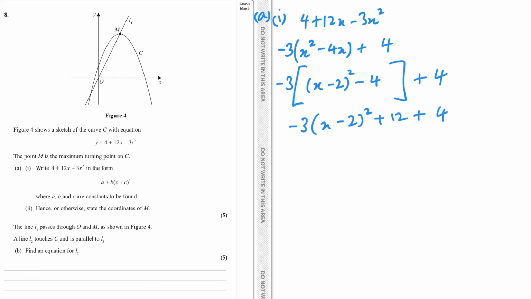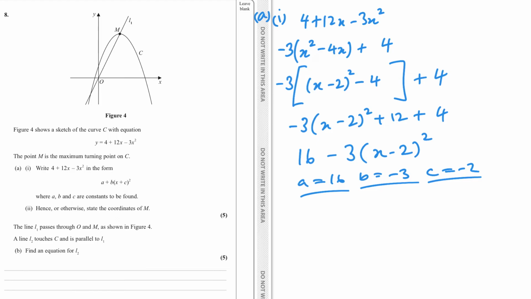So 12 plus 4 is 16, so we get 16 minus 3x minus 2 squared. And there we have it now in the form a plus b(x plus c)². So you can see that a is 16, b is minus 3, and c is minus 2.